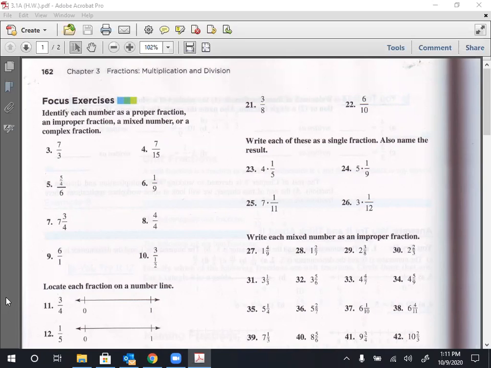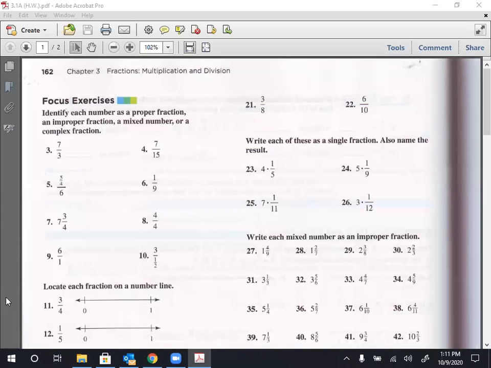All right. So let's try 24 together. So we're going to do 9 times 5, which is what? 45. Good. Now add 1. 46. And then write that result over 9. So for the next one, number 24, 24 is 5 times 1/9.